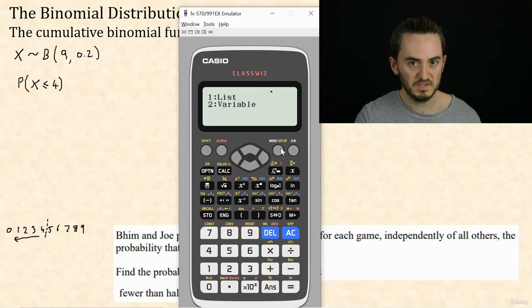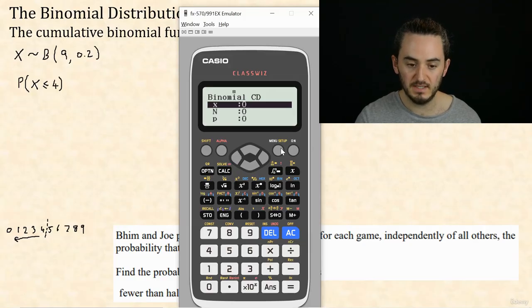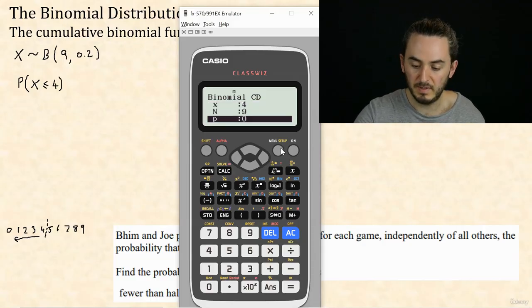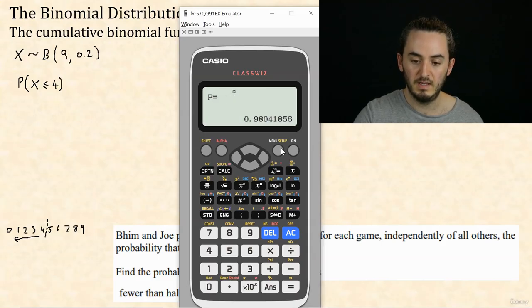Once again, we're always going to go with variable, never list. Now, x is the number that we want the probability up to, so it's up to 4, less than or equal to 4. N is the number of trials, 9, and probability is the probability of success on each go, which is 0.2.